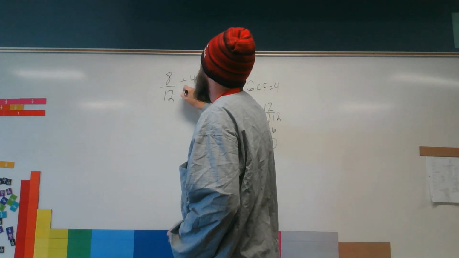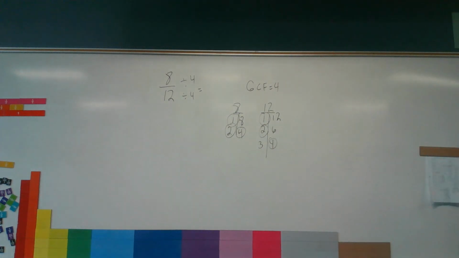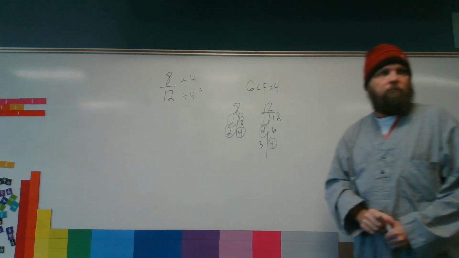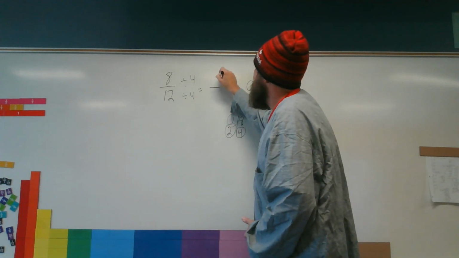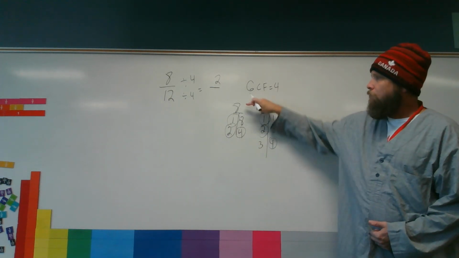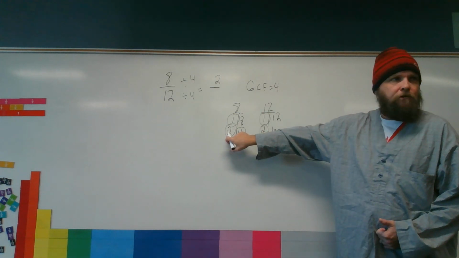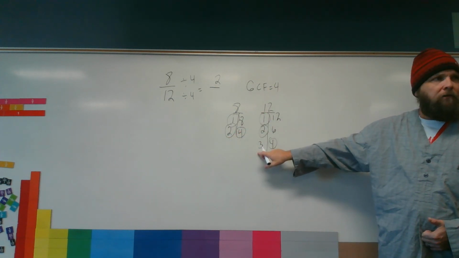If I divide these both by 4. Evelyn, what is 8 divided by 4? 2, awesome. And another way you could do this, if you've written it down like this, you can go 8 divided by 4 equals 2. So 12 divided by 4 equals what? 3.